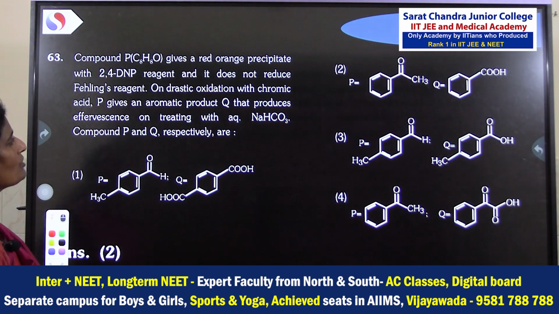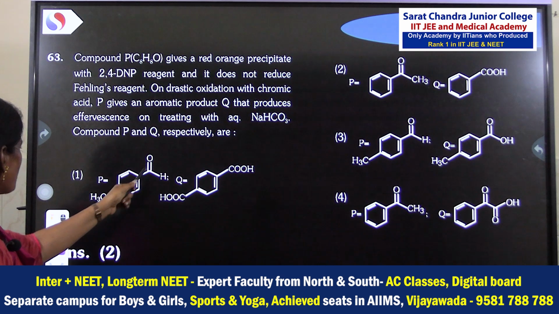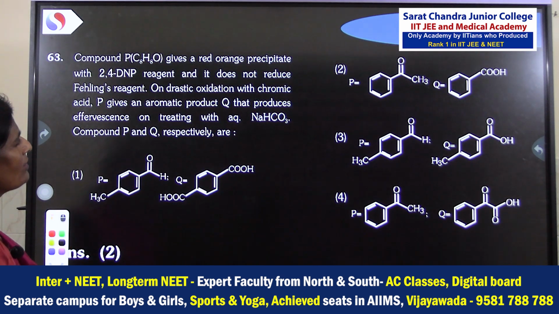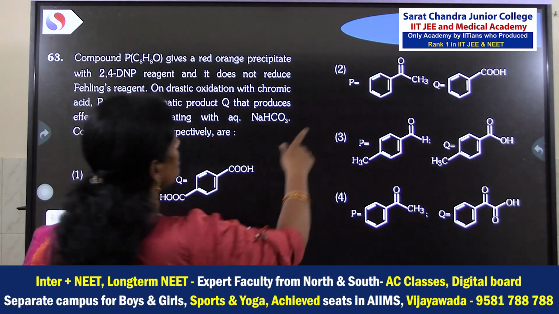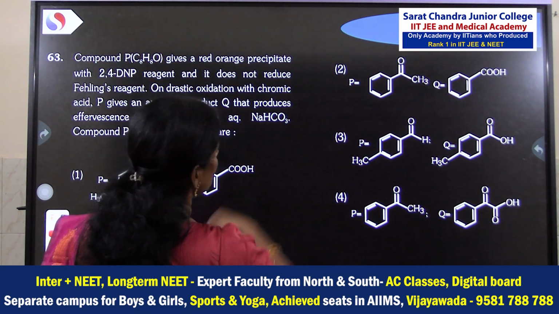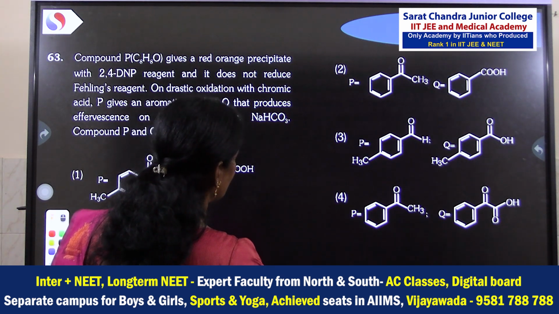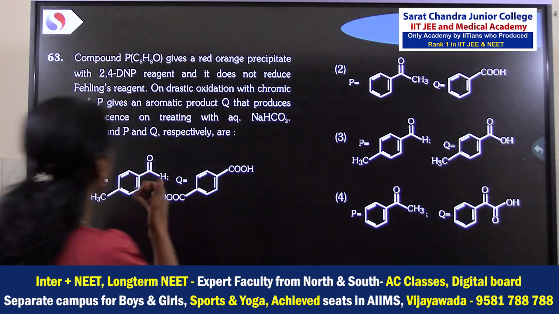In the given options, the first compound is an aromatic aldehyde, in the second, compound P is an aromatic ketone, acetophenone, the third is again an aromatic aldehyde, and the fourth an aromatic ketone.